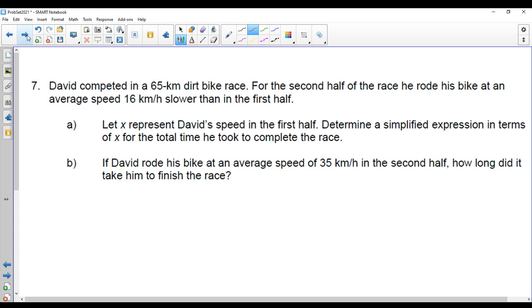Let me write that down. Speed or rate, I'm going to use R for rate, which is the same thing as speed, right? Rate is equal to distance over time. Is that what you're saying?